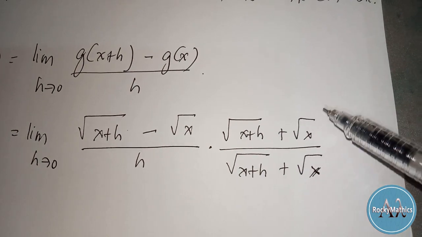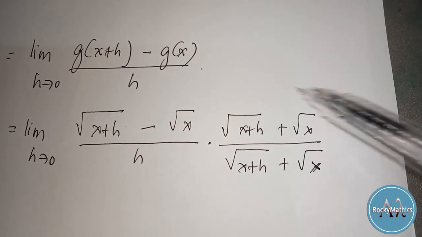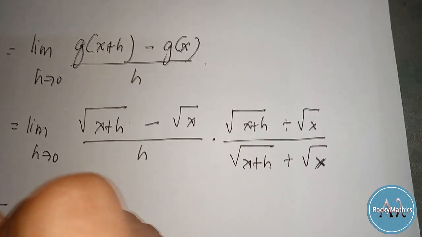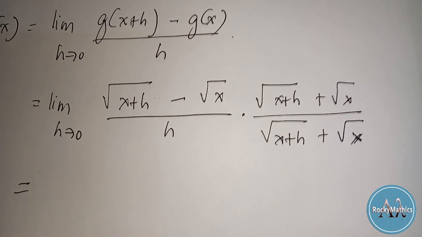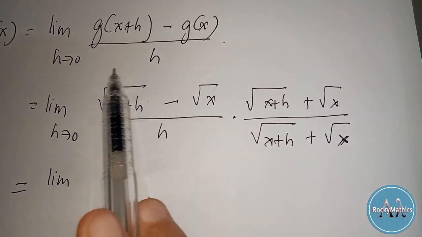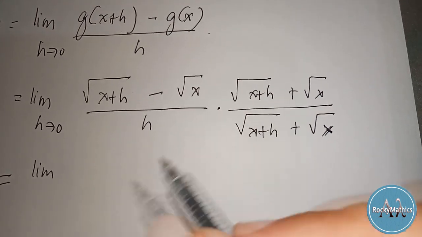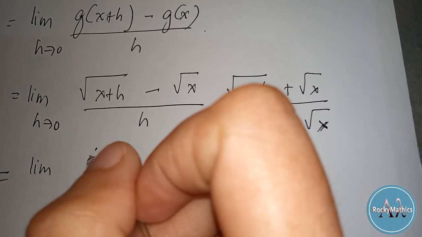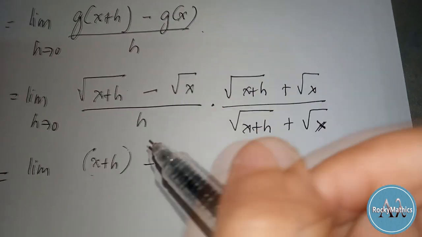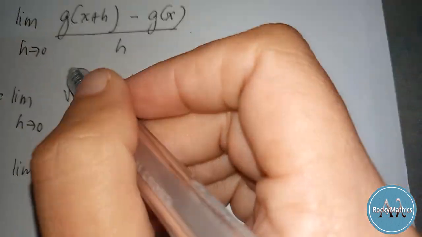So take note, this expression is the same as this expression, so this is equal to 1. Simplifying that equation, this is equal to the limit of square root of x plus h times square root of x plus h, this is x plus h, minus square root of x times square root of x.